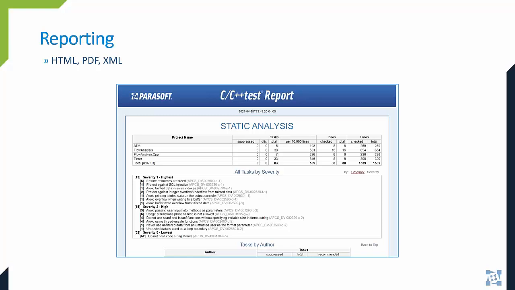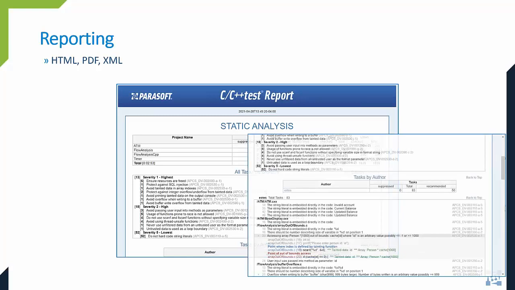Or a PDF, if say you need to roll it up to somebody and they just need a synopsis of what's going on. Or XML. So we give you the raw results, the raw data. Some organizations like to strip out the salient information and maybe pump it to an external system, roll it up to some other environment. So you have access to all of this.